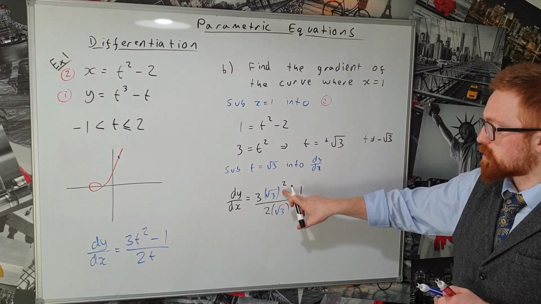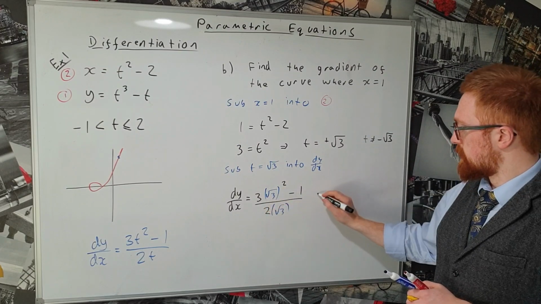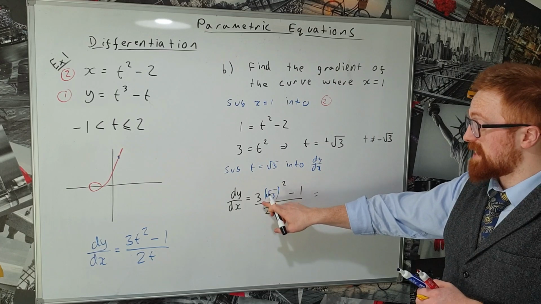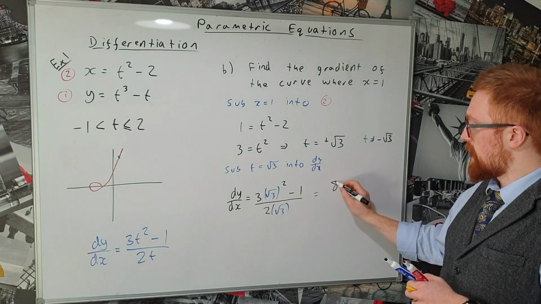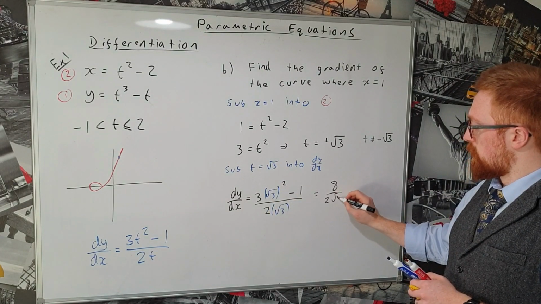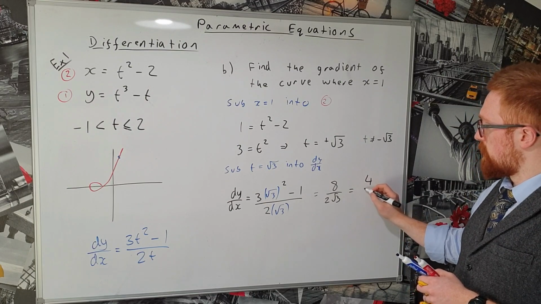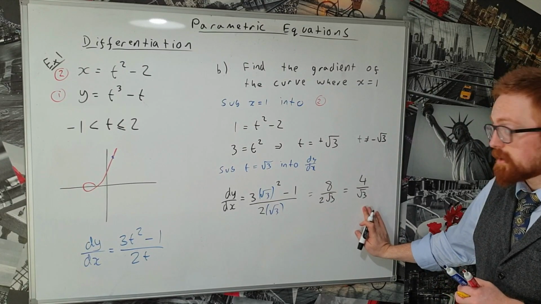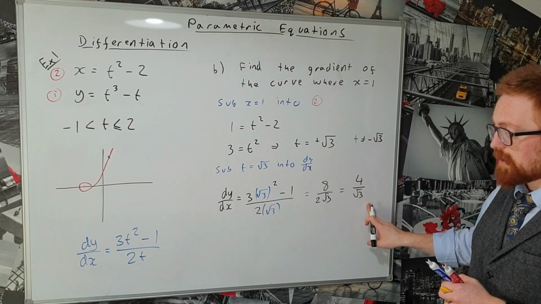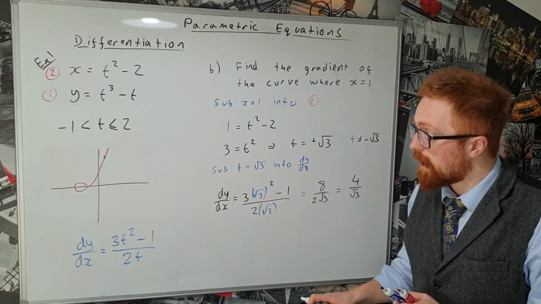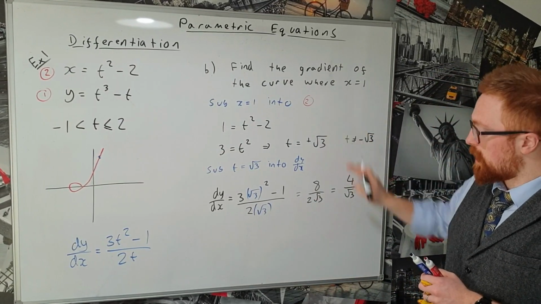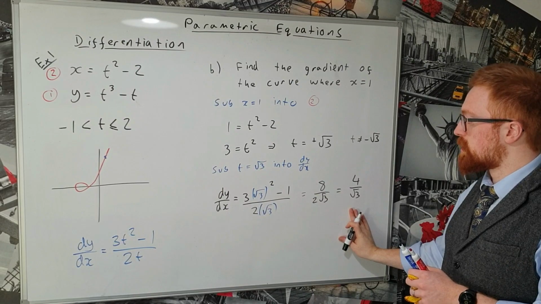And now root 3 squared is just 3, so this is equal to 3 times 3 is 9, take away 1 is 8 over 2 root 3, which simplifies down to 4 over root 3. If we were to rationalise the denominator of that, we'd get 4 root 3 over 3. Again, in this case, because it's not asked us to write it in a given form, we don't need to. But that is something we could do if we wanted to.